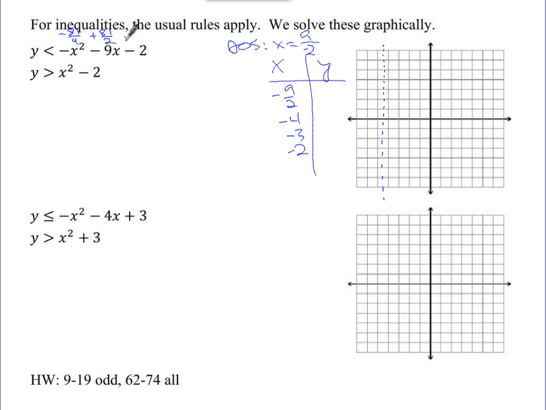Good. And now we need a common denominator here. 4. So the 2 turns into 8 fourths. So we had positive 81 fourths minus 8 fourths gives me, close, 73 fourths.